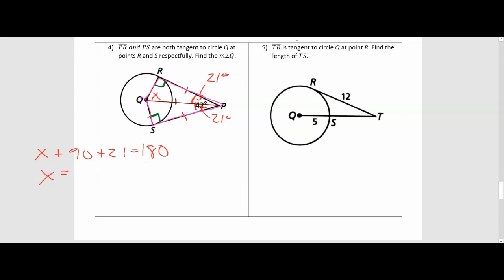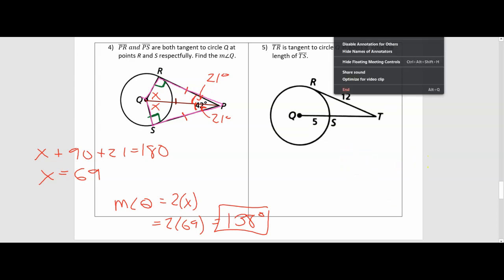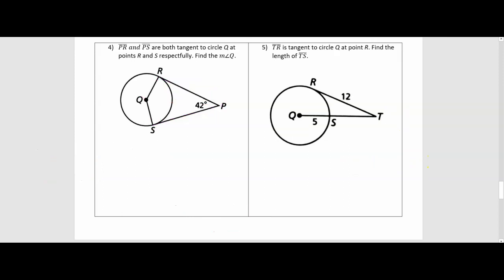X is then equal to 69. And because these triangles are congruent, this bottom angle also has to be equal to x. So the measurement of angle Q is equal to 2 times x, which is equal to 2 times 69, which is equal to 138 degrees. Same thing that we got before. It's always good to know how to approach a problem a variety of ways. It shows you really understand all the math that's going on here. I think we're going to end with the proof.